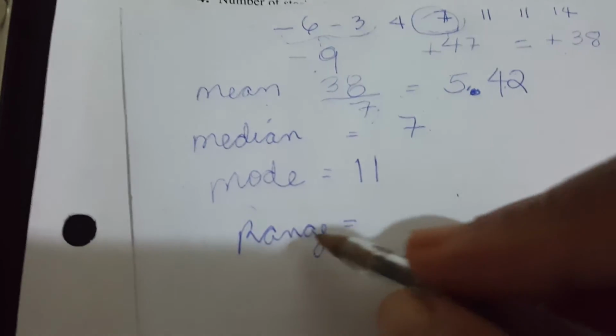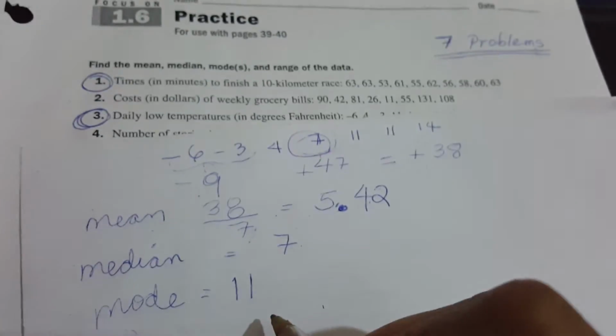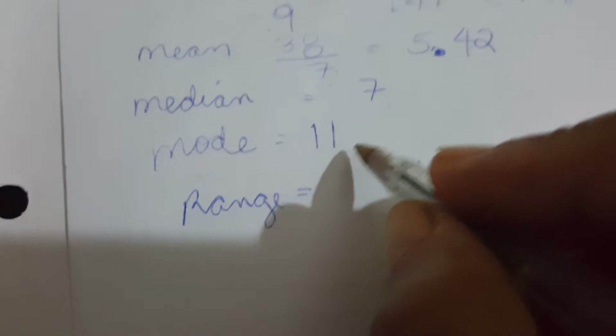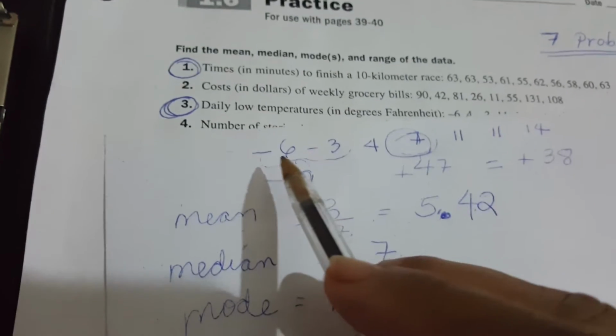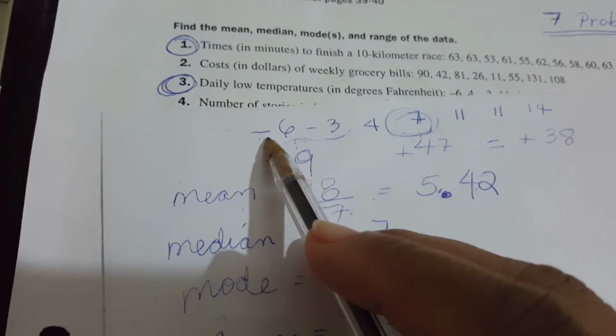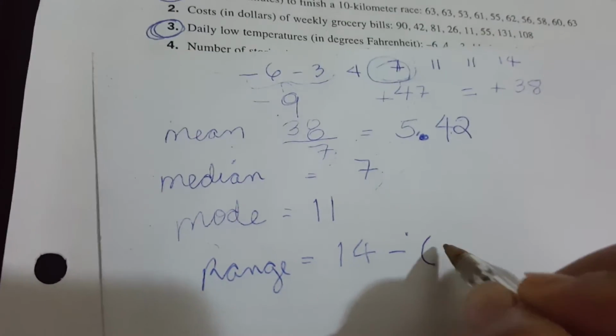For range, remember that range is the range in which our data set is included. So for that, we're going to use the greatest number of the data set. It's going to be our first number, subtracted by the lowest number. In this case, our lowest number happens to be a negative number. And just as we learned in adding and subtracting integers, right?